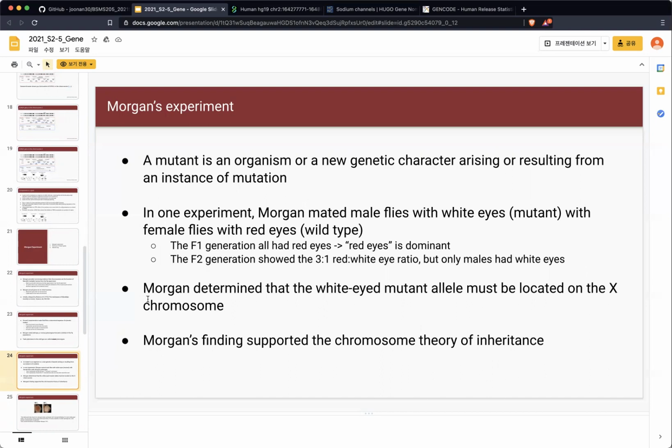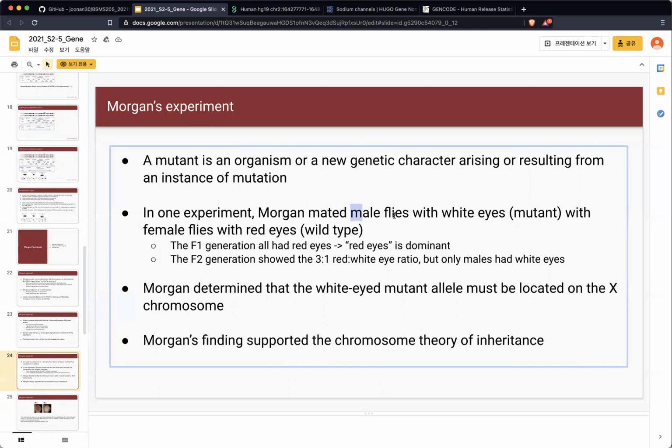So in one experiment, Morgan mated male flies with white eyes, which is the mutant, with female flies with red eyes, the wild type. The F1 generation all had red eyes, and he concluded that red eyes is dominant according to Mendelian factors.